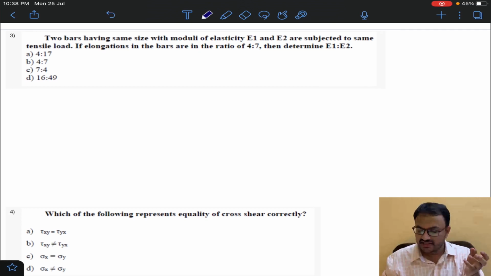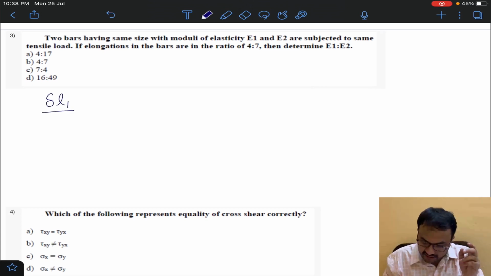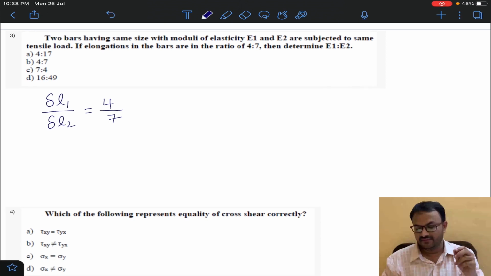If the elongations of the bars are in the ratio 4:7, that is elongation in bar 1 to elongation in bar 2 is in the ratio 4:7, then determine modulus of elasticity of 1 divided by modulus of elasticity of 2. He asked us to calculate the ratio of E1 to E2.